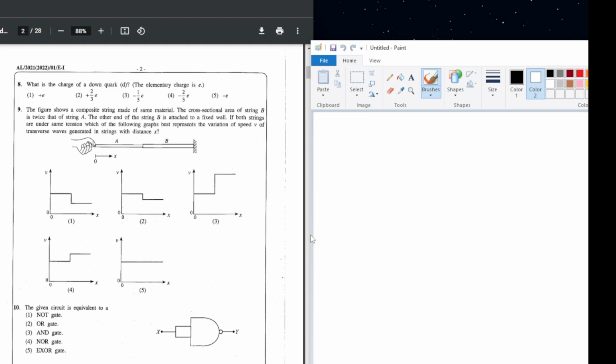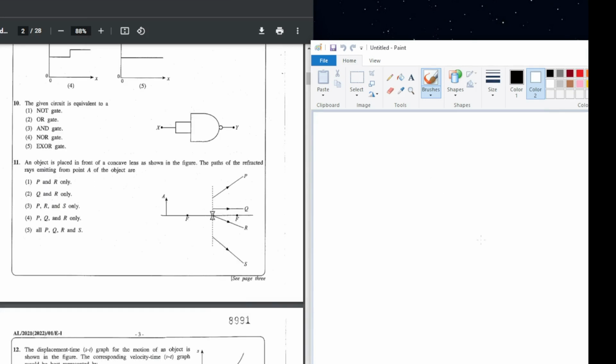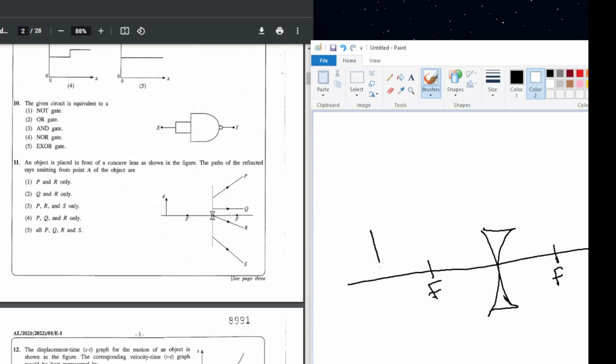Question number 11. An object is placed in front of a concave lens as shown in the figure. The path of the refracted rays emitting from point A of the object are. We draw the ray diagram on the screen. Here is the concave lens, principal axis, and the focal point, object.